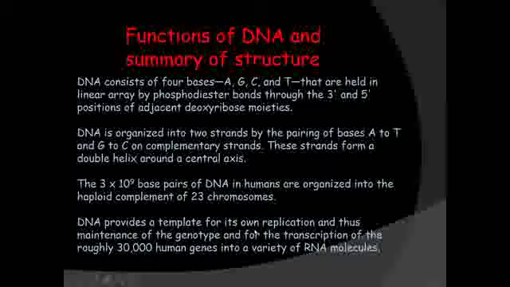When it is a template for its own replication, it maintains the genotype of the organism, and when it acts as a template for transcription, it results in the expression of roughly 30,000 genes, which can either result in the formation of active nucleic acids like transfer RNA, ribosomal RNA, or messenger RNA, which then translates into various kinds of proteins.